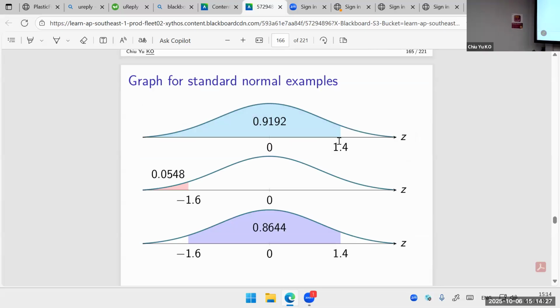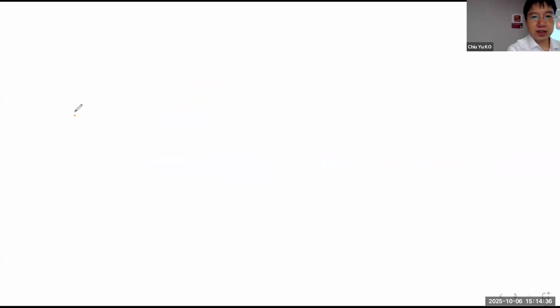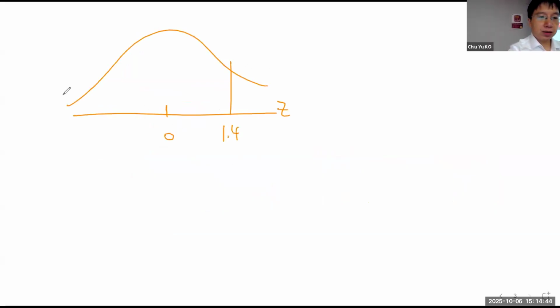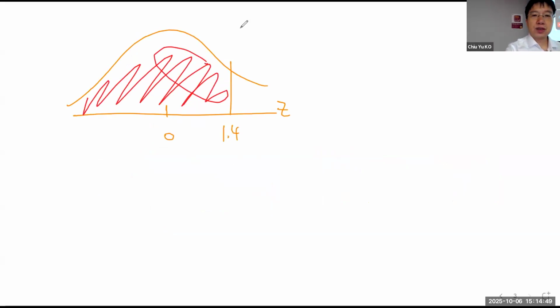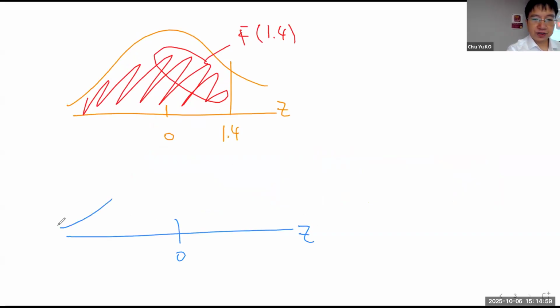In case you don't get that part, let me write it down here again, since this is important and I don't want you to miss it. The question here is, I have Z, this is 0. I ask, is 1.4 here. I want the red area, which is F of 1.4, but I don't have this table. The table I have has negative 1.4.